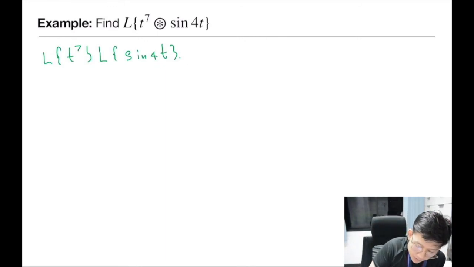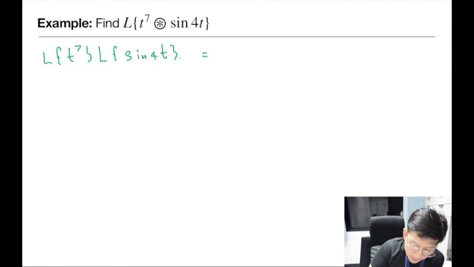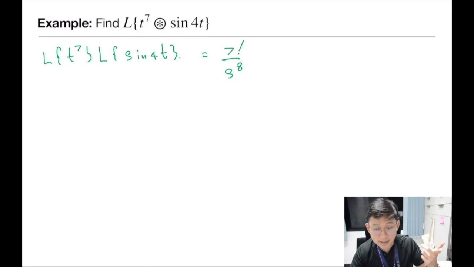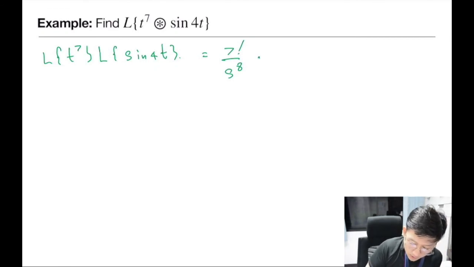Here the Laplace transform of t to the 7 is, for t to the n, n factorial divided by s to the n plus 1, so you get 7 factorial over s to the 8. The Laplace transform of sine kt is k over s squared plus k squared, which is 4 over s squared plus 16.